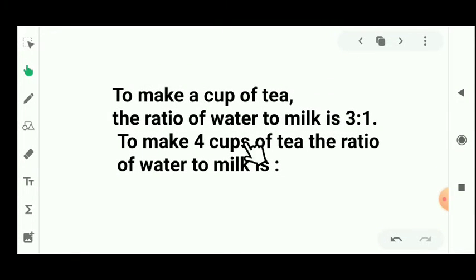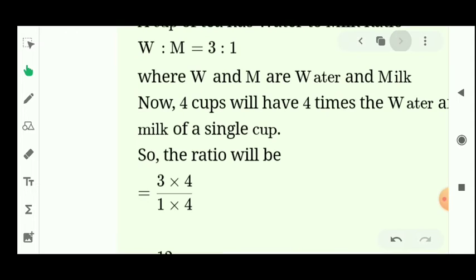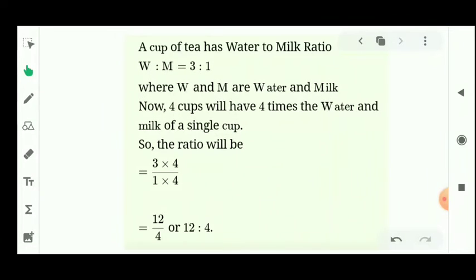To make a cup of tea, the ratio of water to milk is 3:1. To make 4 cups of tea, the ratio of water to milk will be. Let's see the solution. As the question told you, water to milk ratio, that means W/M, W for water, M for milk, it is given 3:1.